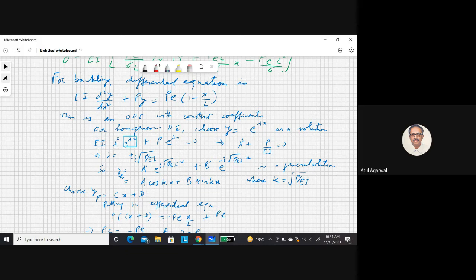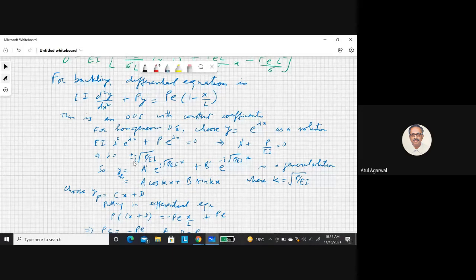So we are just putting them. This is what you get. This is called a characteristic equation. e^(lambda x) you can divide out and you get lambda squared plus P by EI is equal to 0. So you see lambda is equal to plus minus i root P by EI. So what is y homogeneous?